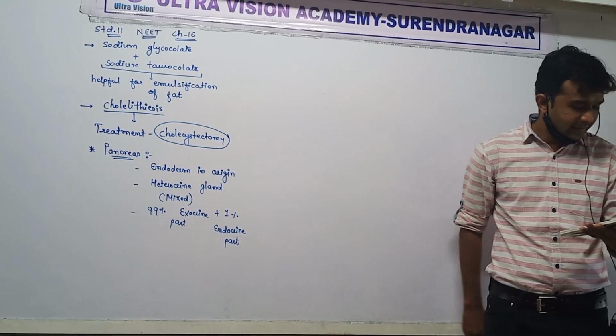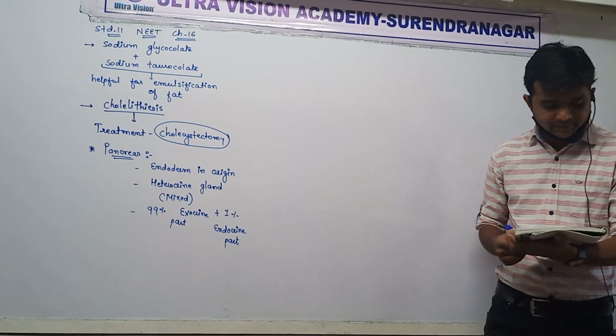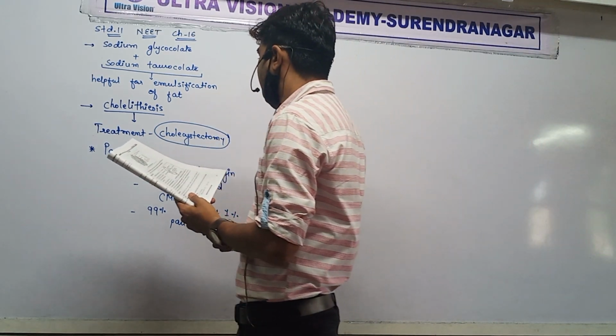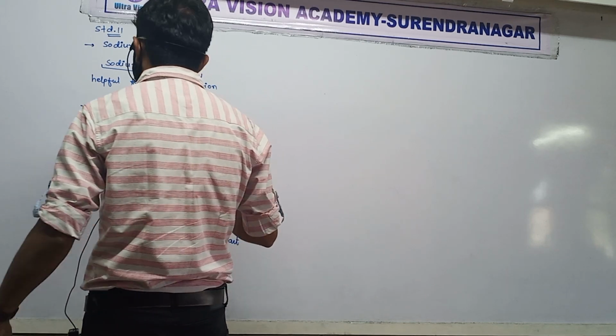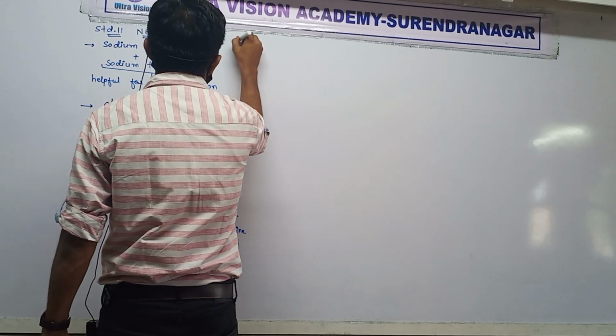The exocrine part is the main pancreatic duct. Here, you know that the common bile duct joins with the pancreatic duct.